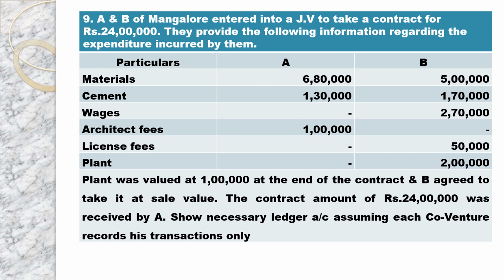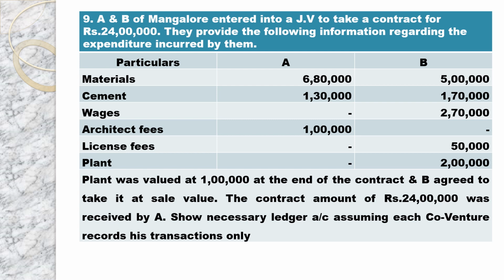The two co-venturers are A and B. We have materials of A and B, cement provided by A and B, wages paid by B, architect fees paid by A, license fees paid by B, and plant purchased by B. Plant was valued at 1 lakh at the end of the contract, and B agreed to take it at sale value. The contract amount 24 lakh was received by A. Show necessary ledger accounts assuming each co-venture records this transaction only.